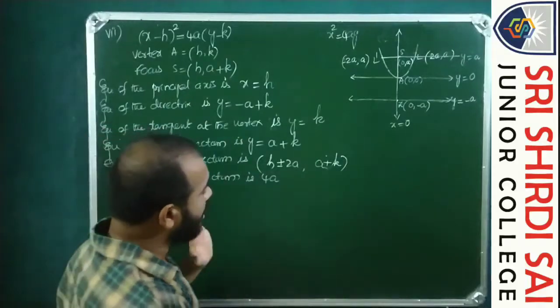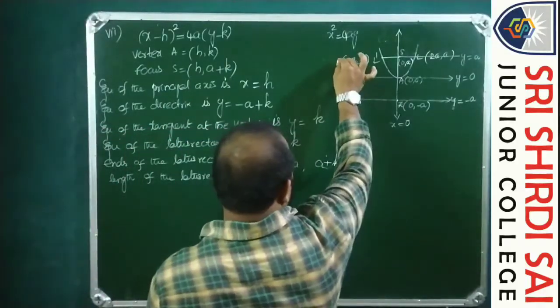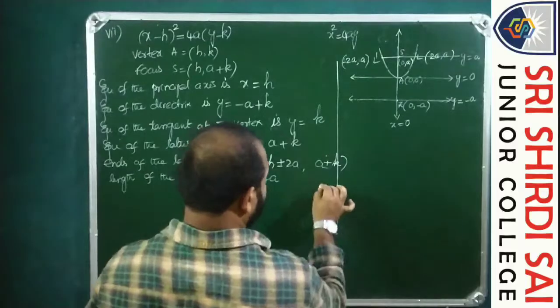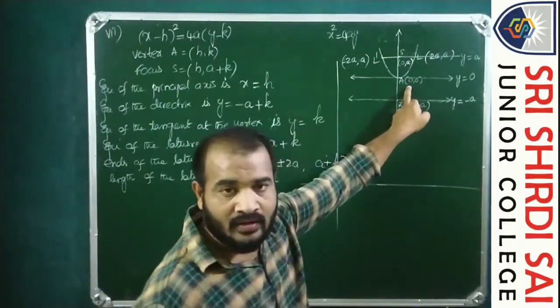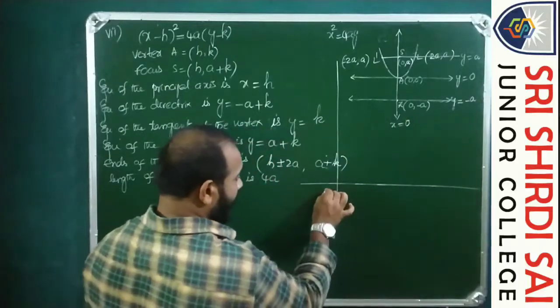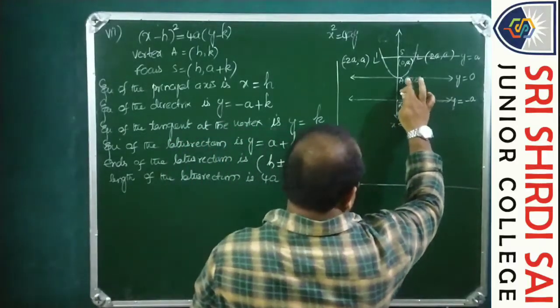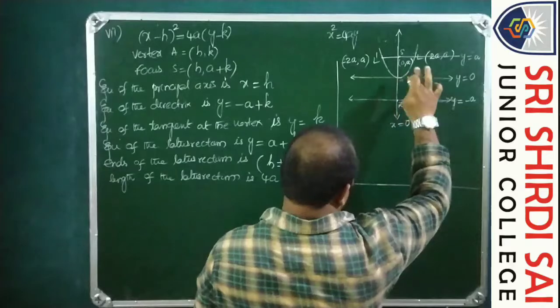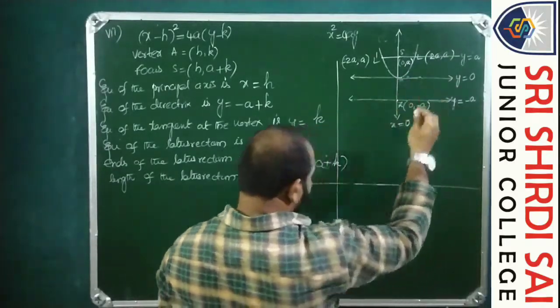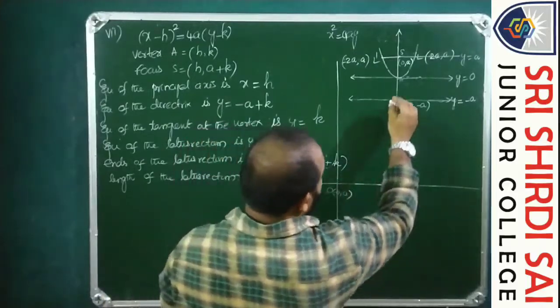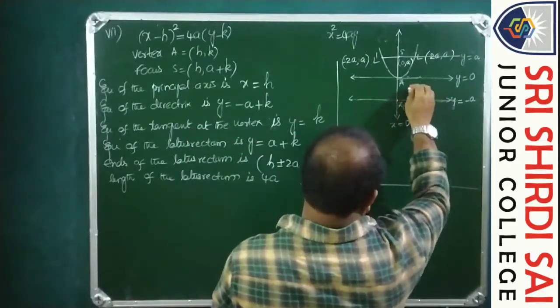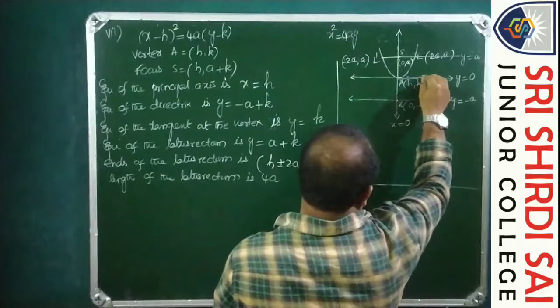So ultimately the diagram for this is: the origin is not at 0 0, it has been shifted to some other place. So this is A dash, h comma k.